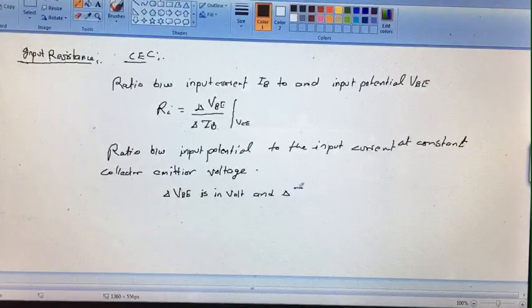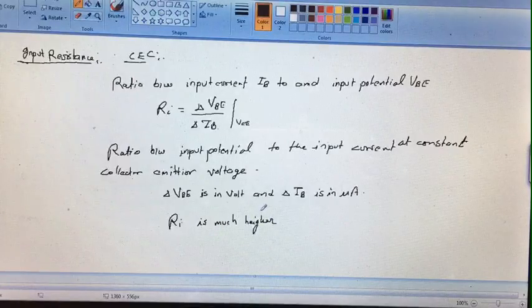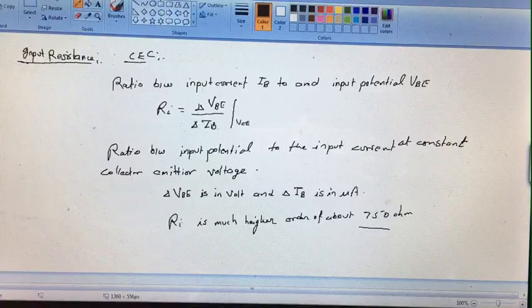Del VBE is in volt and del IB is in microampere, so that's why here R input is much higher, and it is of the order of about 750 ohms, while in common base configuration the R input is nearly equal to 50 ohms, but in common emitter configuration the R input is higher and that is 750 ohm.